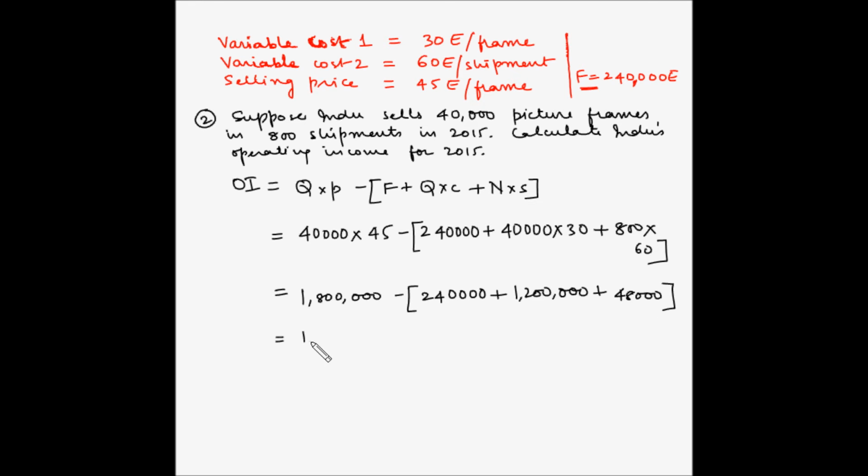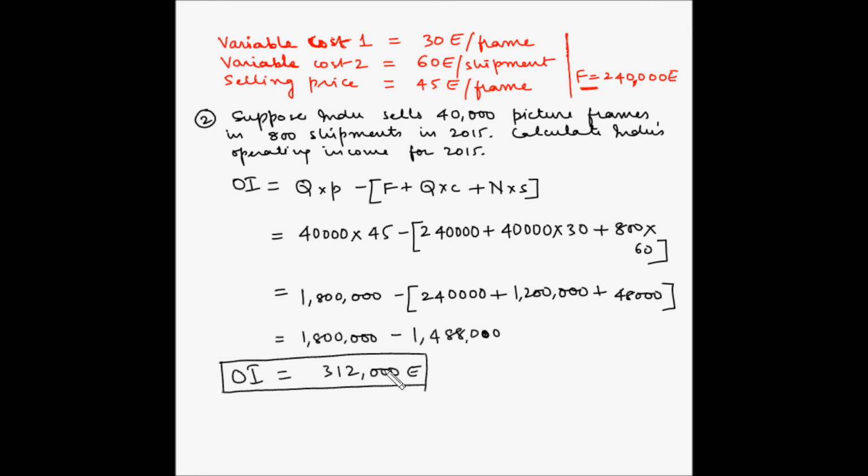So this is equal to 1.8 million minus 1.488 million. So this is equal to 312,000 euros.